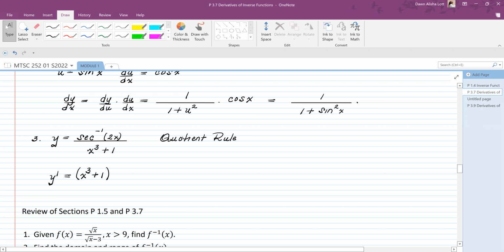All right, so we need in here the derivative with respect to x of the secant inverse of 2x, minus the top times the derivative of the bottom, over the bottom squared.